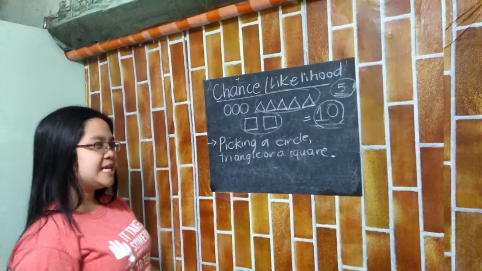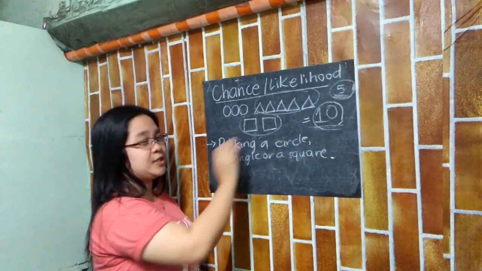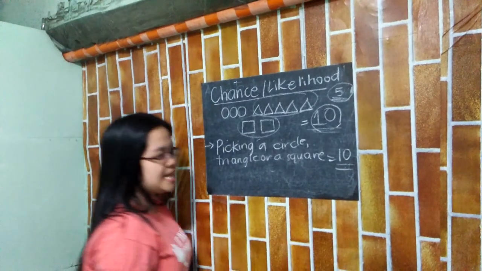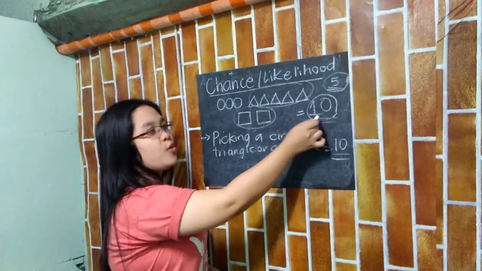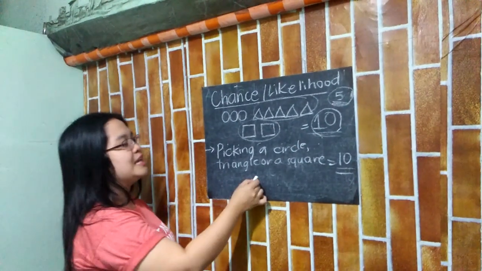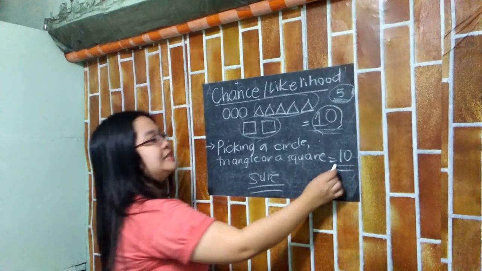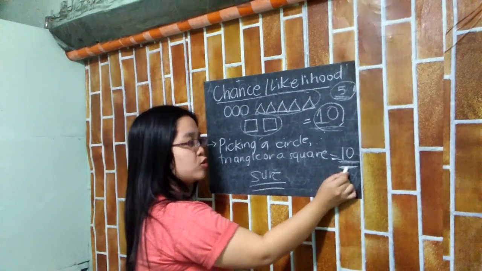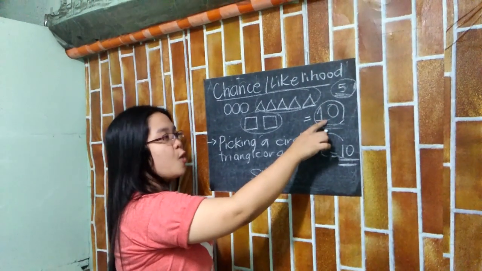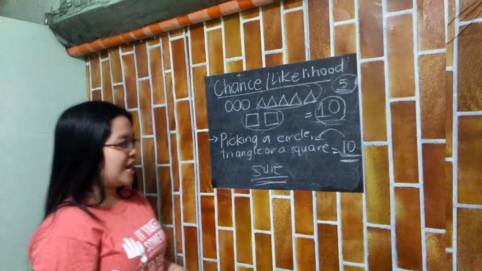Now, how many circles, how many triangles, and how many squares do we have? We have 10. As you can see, it is equal to our possible outcome. If that is the case, this event is sure to happen because the total outcome based on the given event is equal to our possible outcome. So that is sure chances.